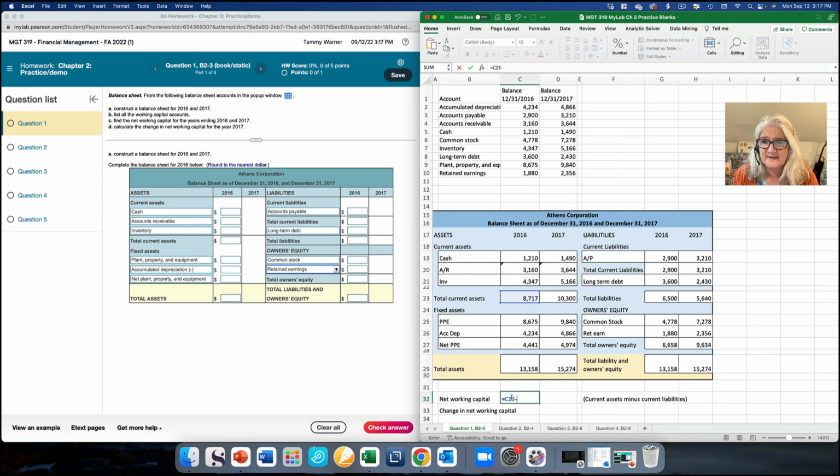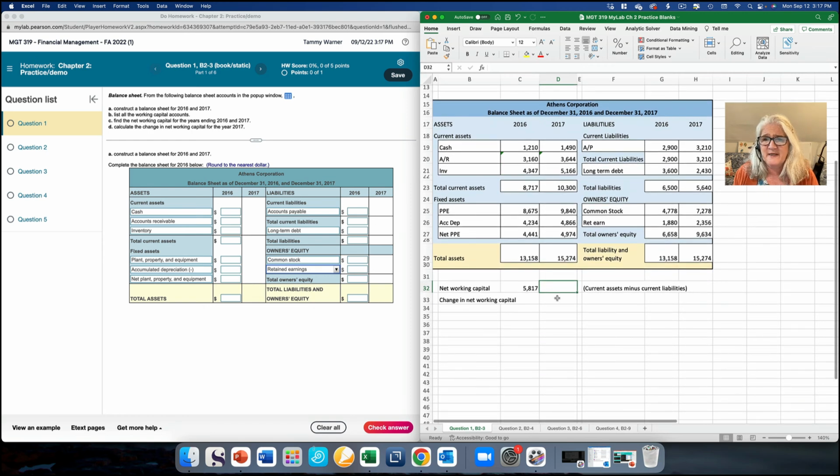So it's our current assets minus our current liabilities. So that's in 2016, 5817. In 2017, I'm going to scroll up a little bit so it's in the middle of the page. In 2017, again, it's our current assets minus our current liabilities.